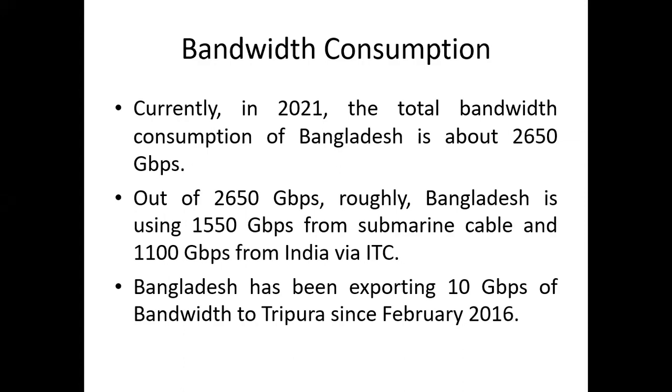People are using a lot more online services, and so COVID has had a good impact on this tremendous growth of bandwidth consumption of Bangladesh. And out of this 2650 Gbps, roughly 1550 Gbps come from submarine cable, and the rest 1100 Gbps comes via ITC from India. So that is the current situation.